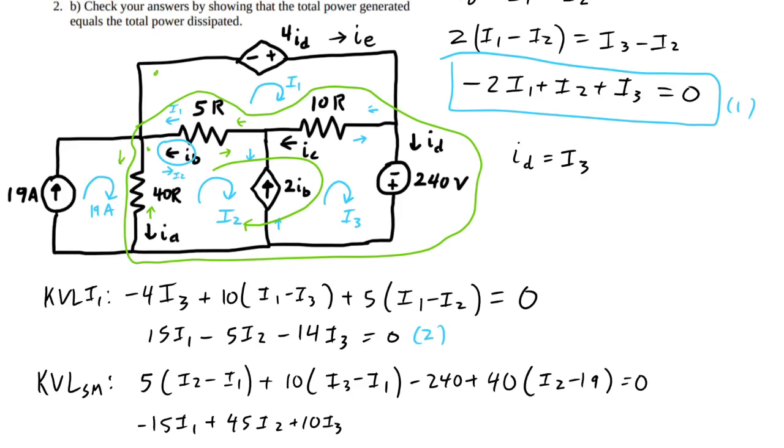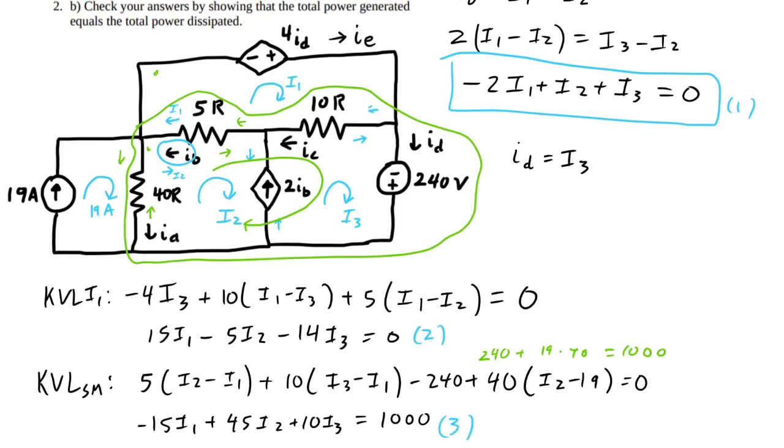Okay, now we got to do the constant. So we got 240 plus 19 times 40. 19 times 40, 760, so it's 1,000. Okay, so equals 1,000.